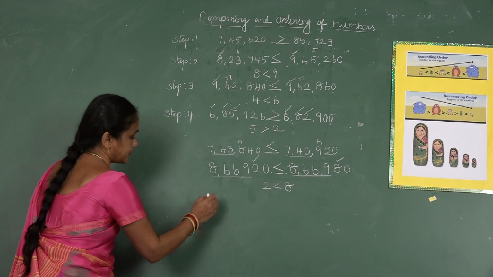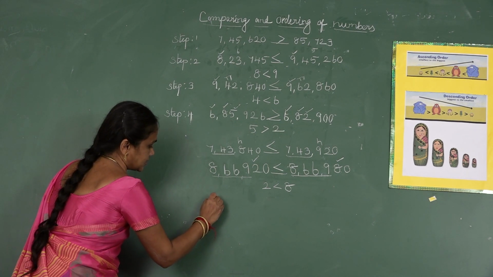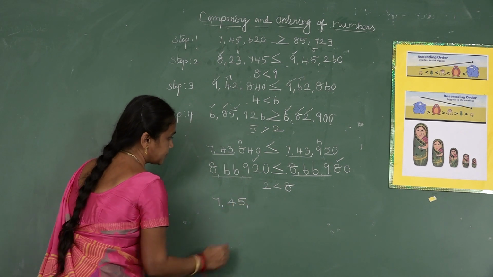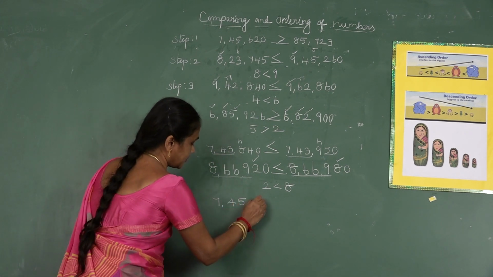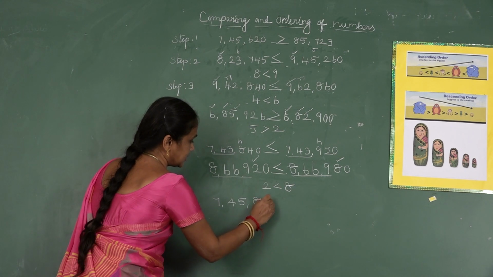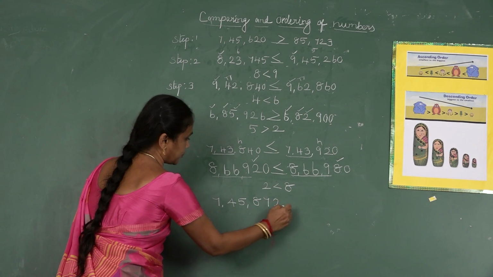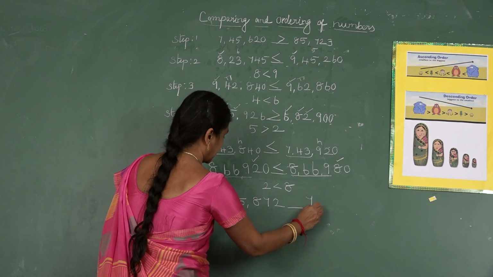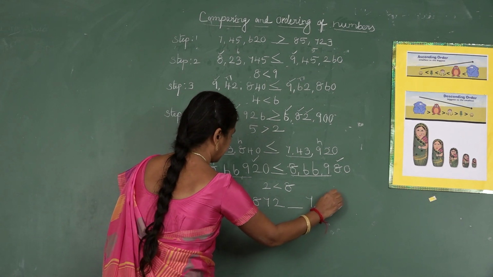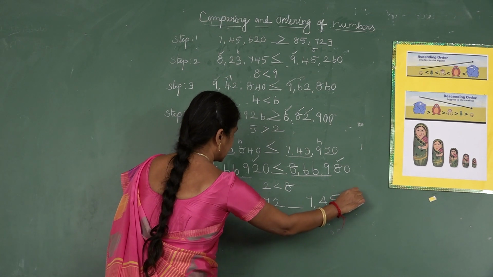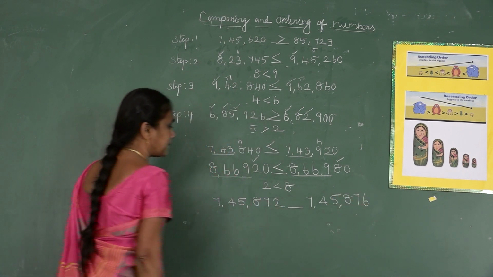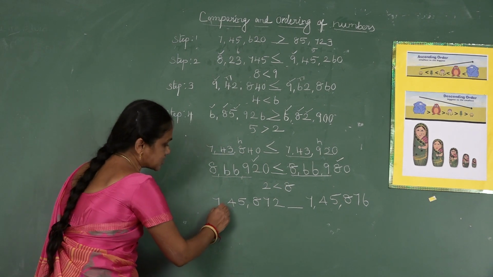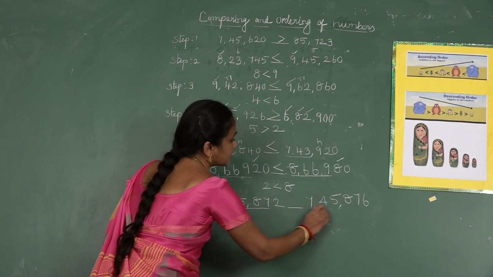Next, 7,45,872 and 7,45,876. In these two numbers, the first 5 digits are equal.